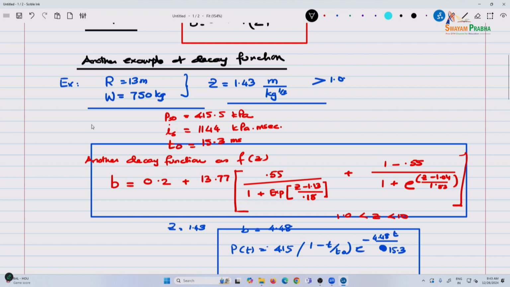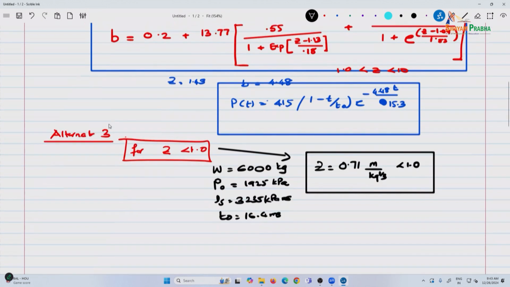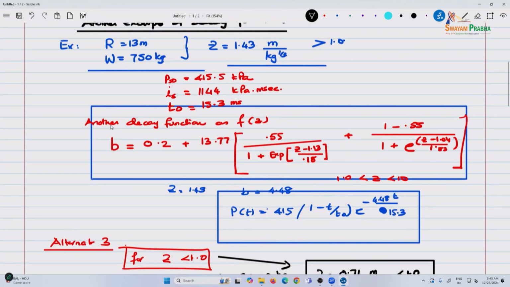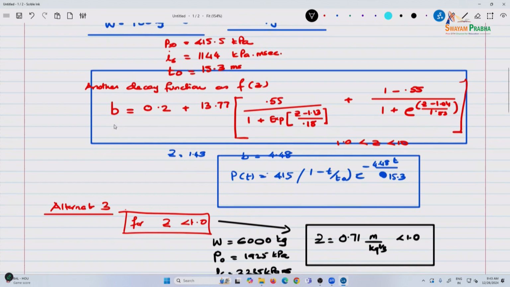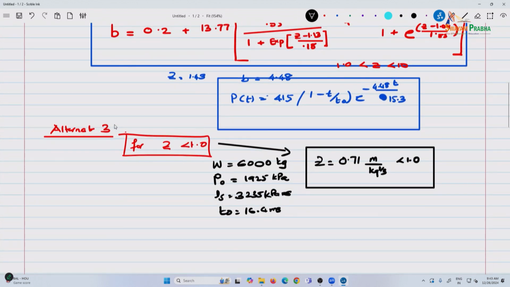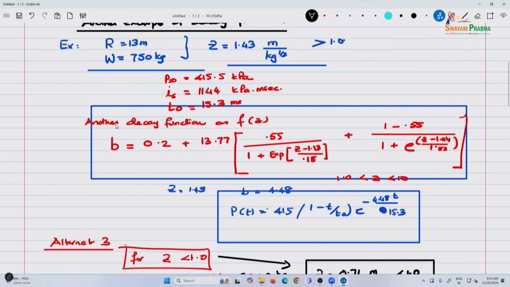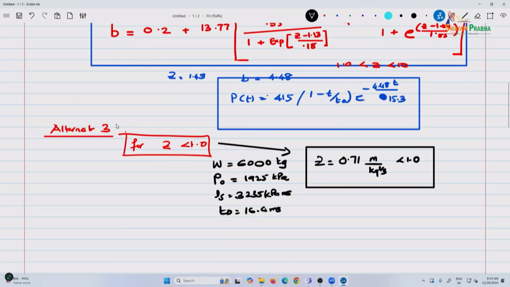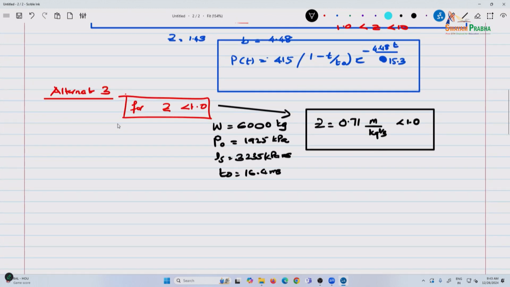If you compare 1925 with 415, there is an order of difference, not quite, but 5 times at least. The impulse is also higher, 3 times, but t_0 is about the same. But Z in this case is less than 1.